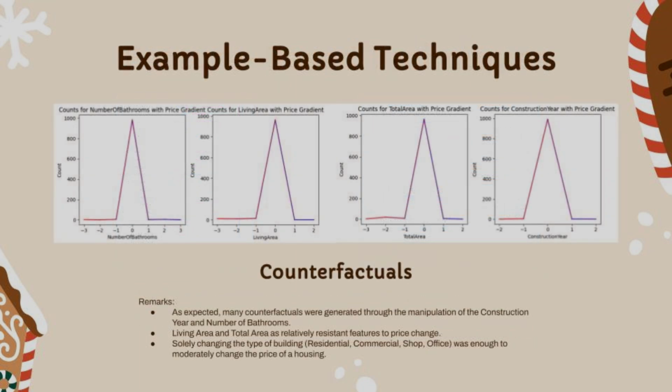As an example-based technique, we decided to implement counterfactuals for model interpretability. Counterfactual explanations consist in describing the minimum changes required in an input to achieve an alternative decision outcome. We used as a base a linear regression model, and to generate the counterfactual explanations, we used diverse counterfactual explanations, or DICE for short.